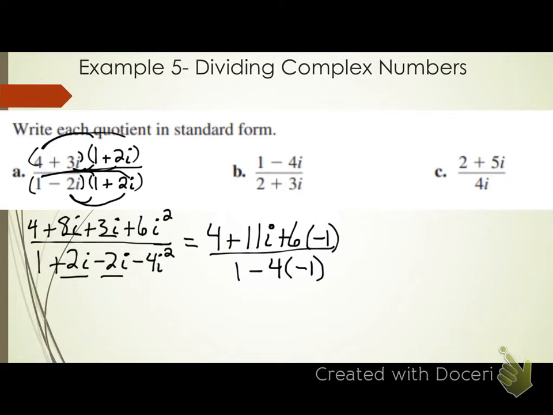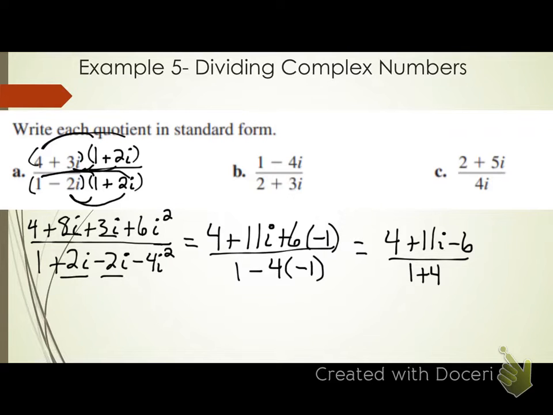Any confusion so far about what I'm doing? What is 6 times negative 1? Negative 6. What's negative 4 times negative 1? Positive 4.